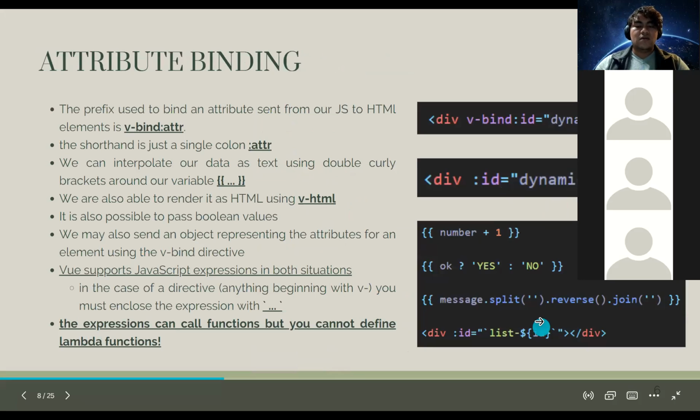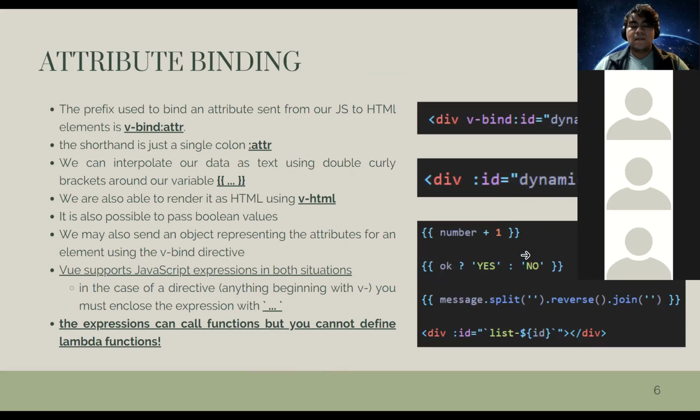So in Vue, to do what I did, it's very similar, but this is something else. So you see at the bottom, we're using the curly brackets. That hasn't changed. So let me introduce you to this new concept called attribute binding.